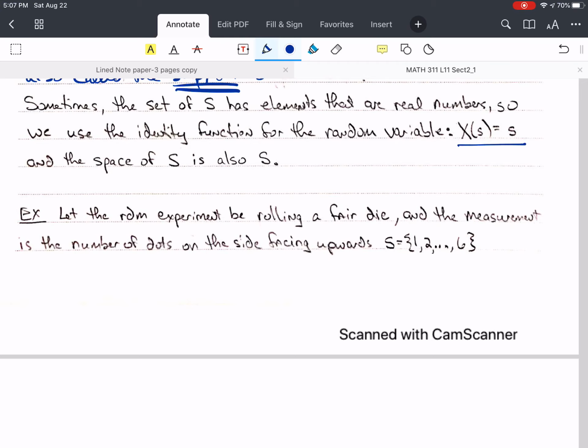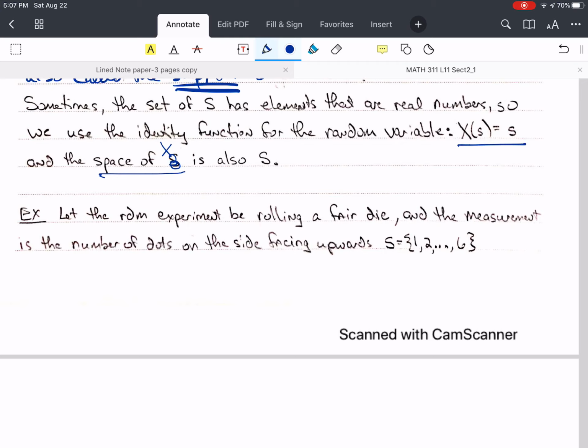So when somebody said it was a function, I was like, what do you mean? And I had to sit down and think about it. So this is what I came up with, that we're using an identity function when the elements of S are already numbers. Okay, so the space of X is also S.